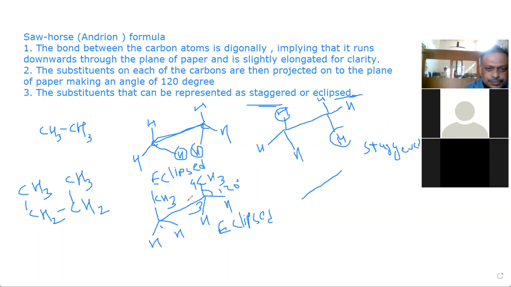In the second, it rotates, and this CH3 group comes downwards.